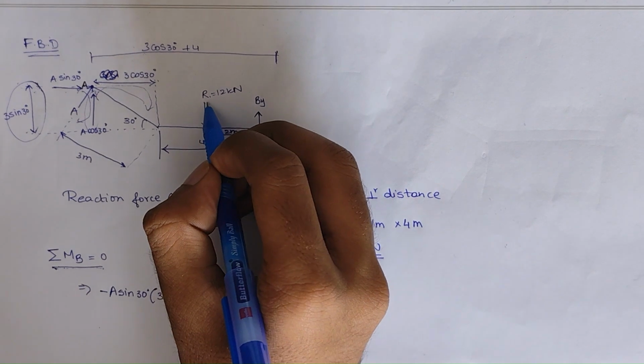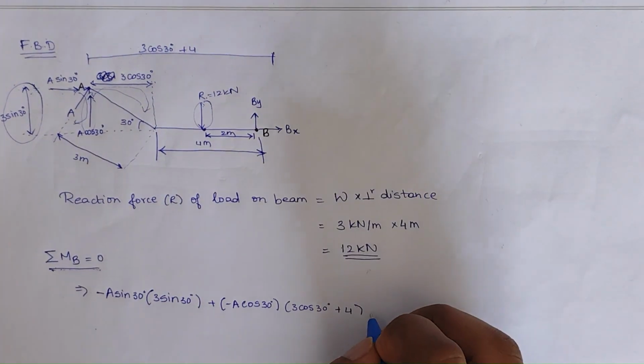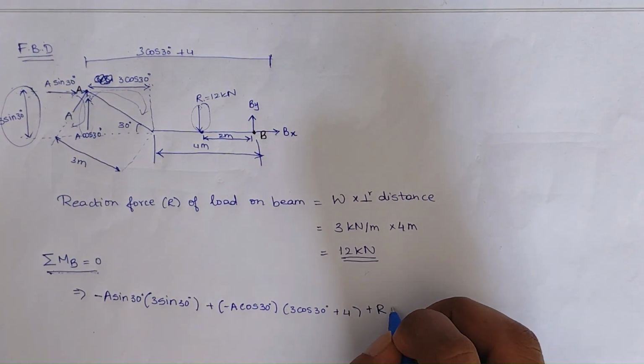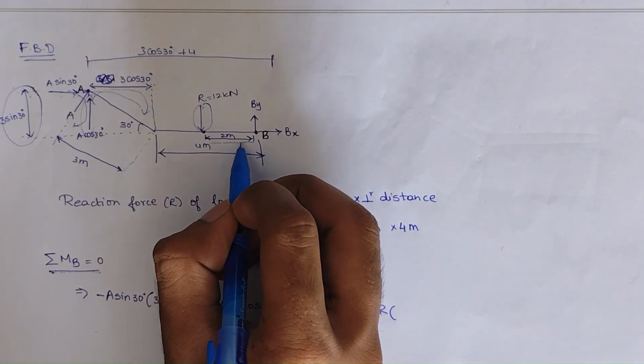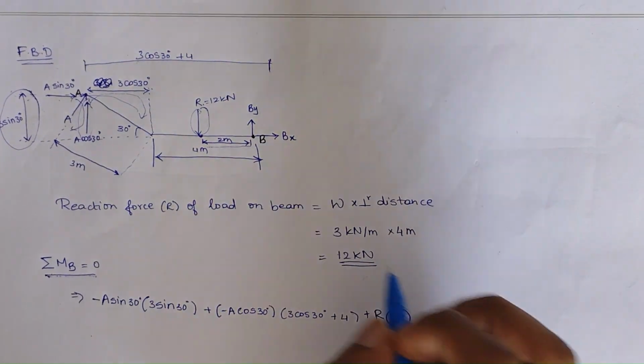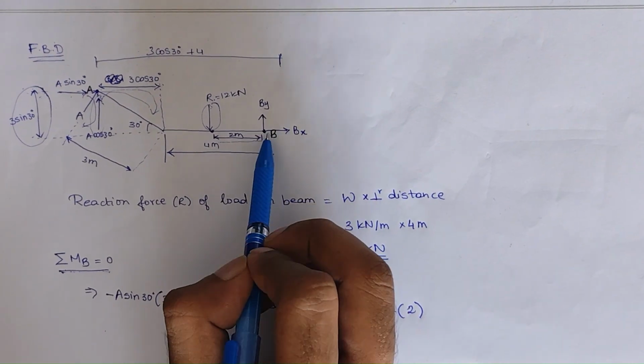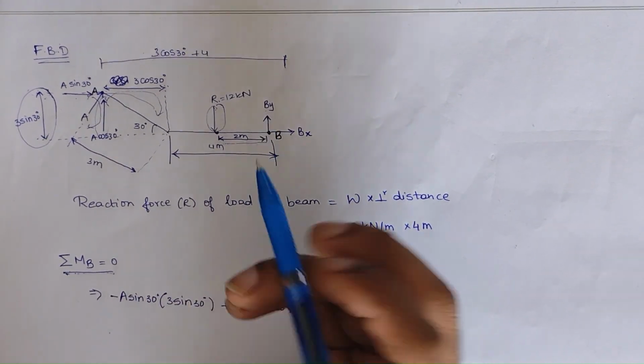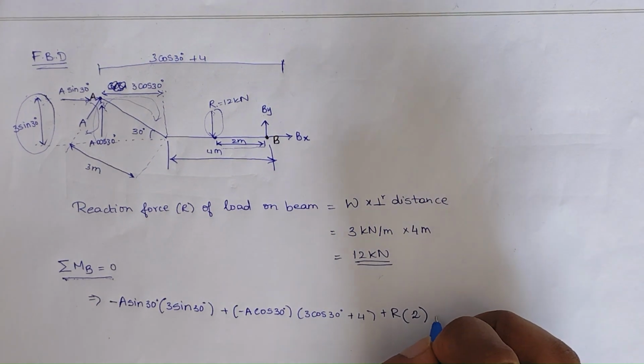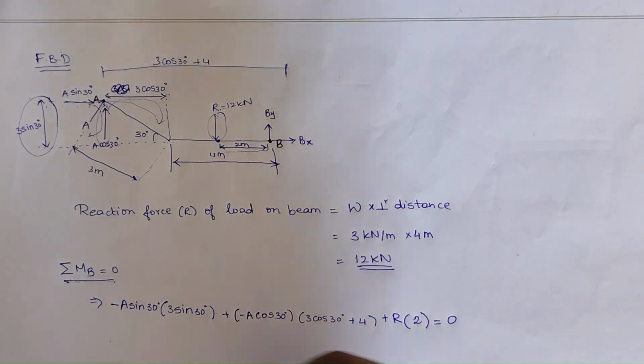Then the other reaction will be R, so plus R into its perpendicular distance to B, which is 2 meter. Since Bx and By are already present at the B point, they will be 0, so it is not needed to be taken in here. Equate it with 0.